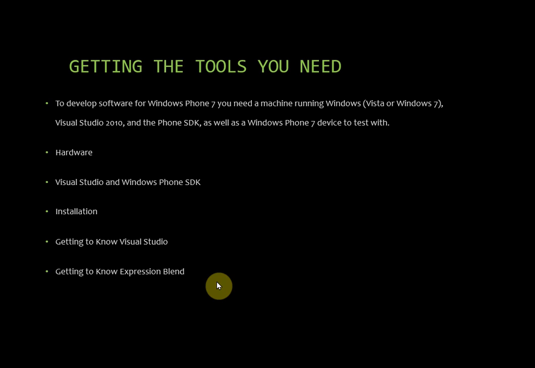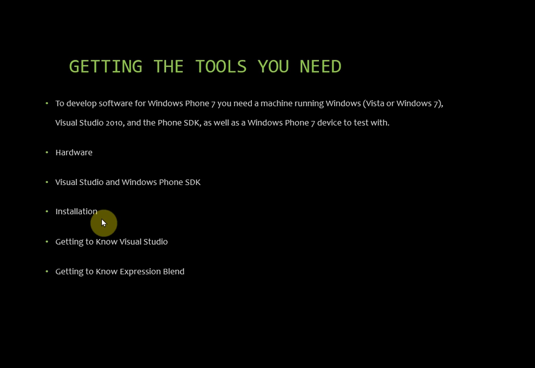Okay. Next comes the installation part. Obviously it is available online. Microsoft's App Hub, you can go to create.msdn.com. You can go to that particular site, and you can download the Windows Phone SDK from there. Okay.